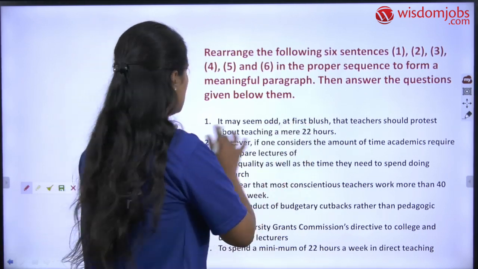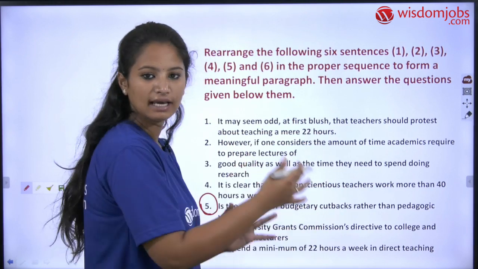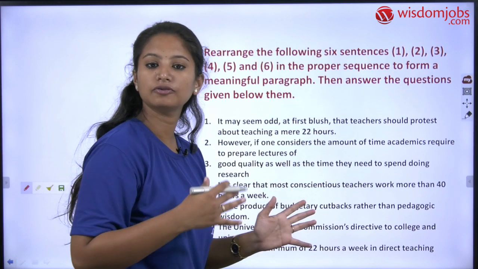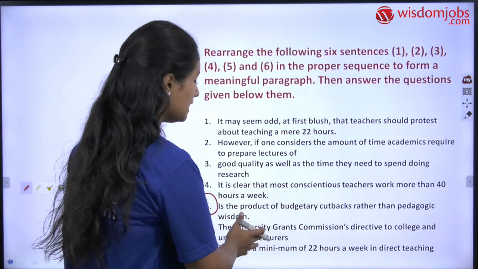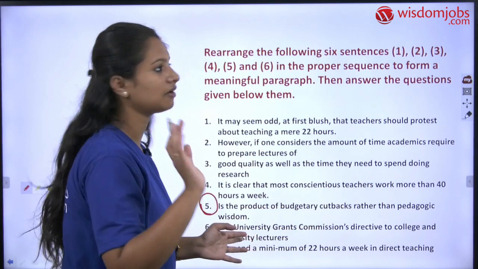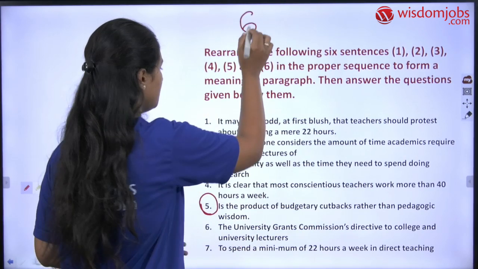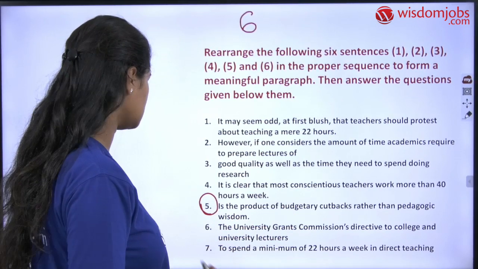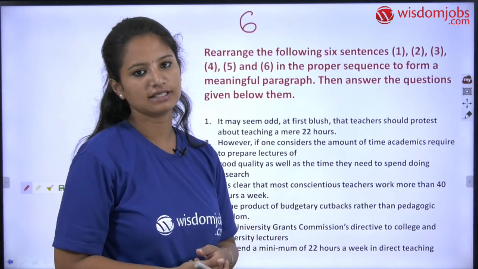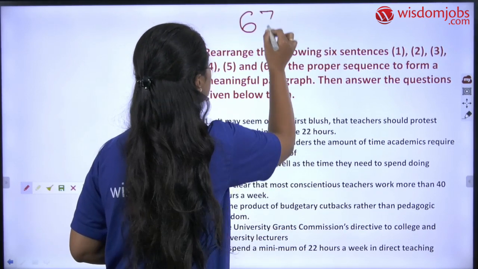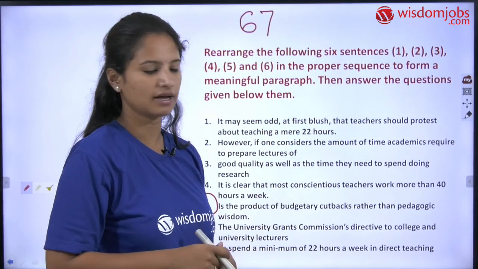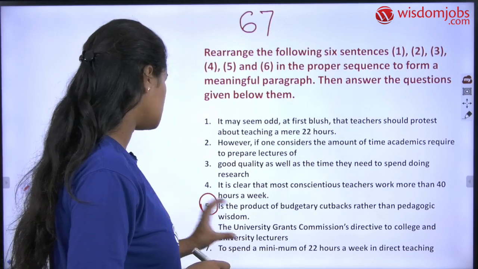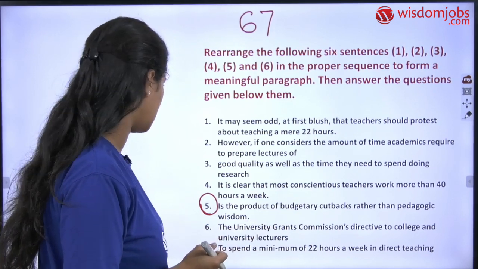So now let us see how to rearrange it again according to the options you have got. Let us keep the 6th sentence as your first sentence. The University Grants Commission's directive to college and university lectures to spend a minimum of 22 hours a week in direct teaching. 6 and 7 are together as usual because they are qualifier sentences.